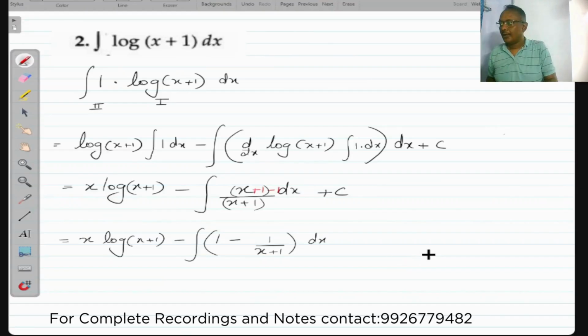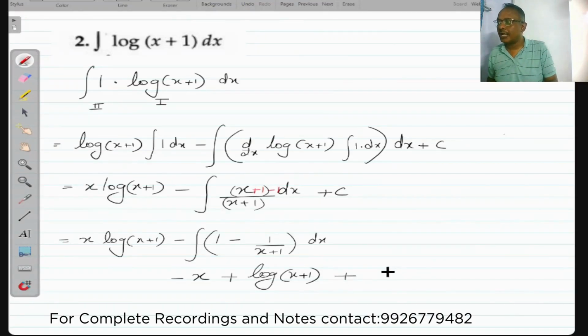Right? What is integral of 1? Negative into negative is positive. What is integral of 1 by linear? Log.